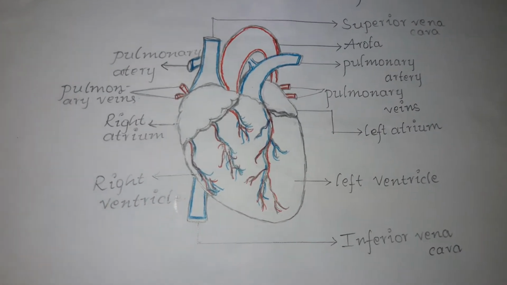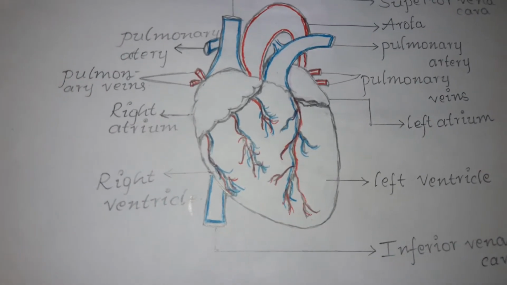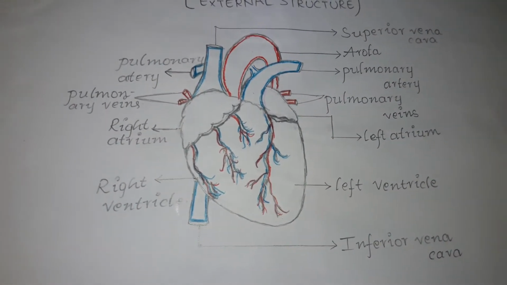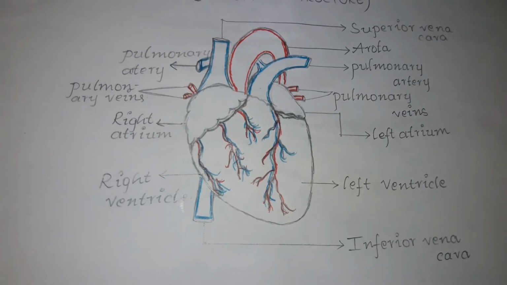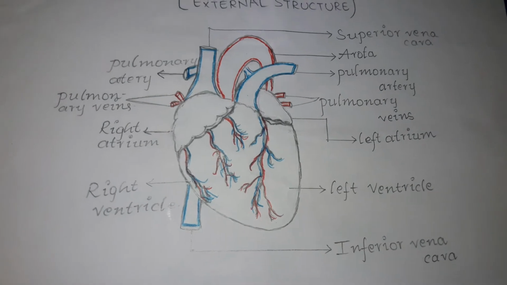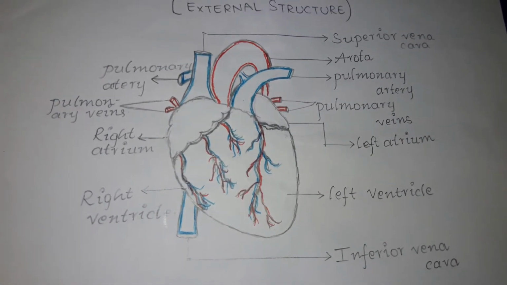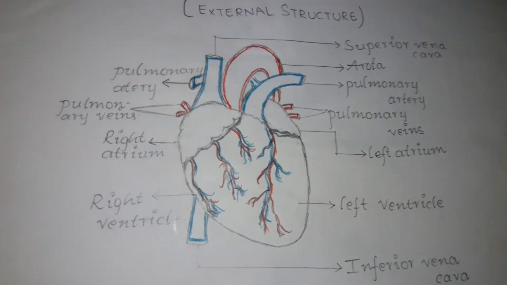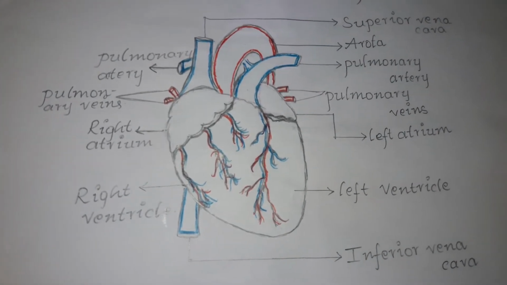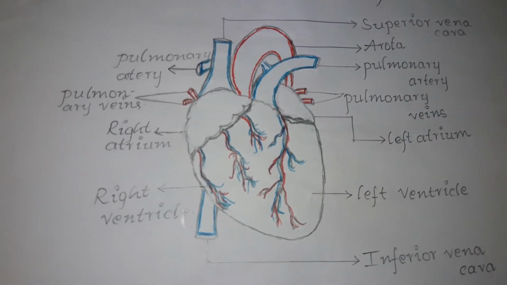Here always arteries supply oxygenated blood and veins supply deoxygenated blood, but one confusion may occur: pulmonary artery supplies deoxygenated blood and pulmonary vein supplies oxygenated blood, means it is reversed to the system. Okay, and there are 4 valves.